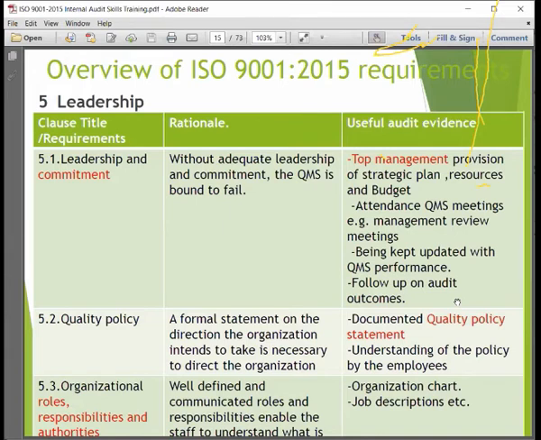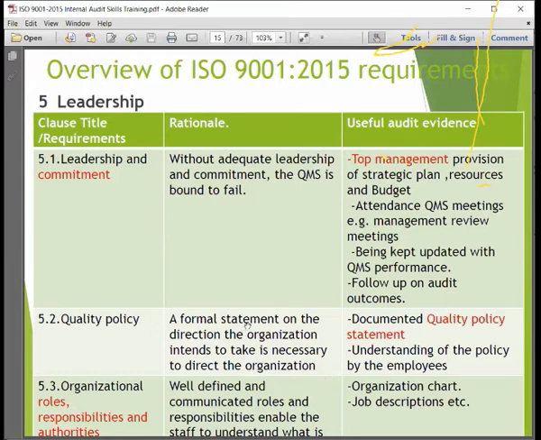Organizational roles, responsibilities, and authorities have to be well defined. The rationale for that is a requirement. Responsibilities and authorities have to be defined by the top management. That is a leadership part of the job to do as we implement the system. Why?